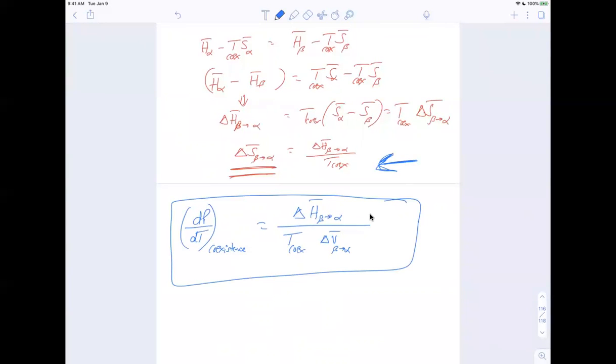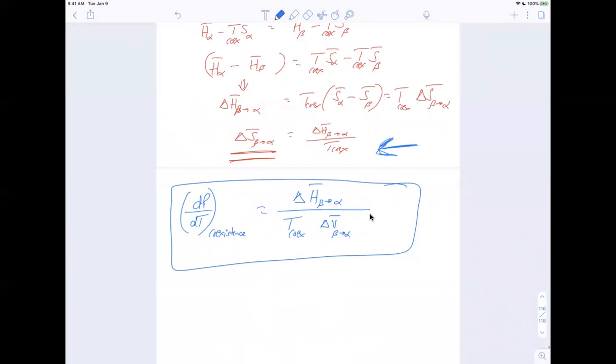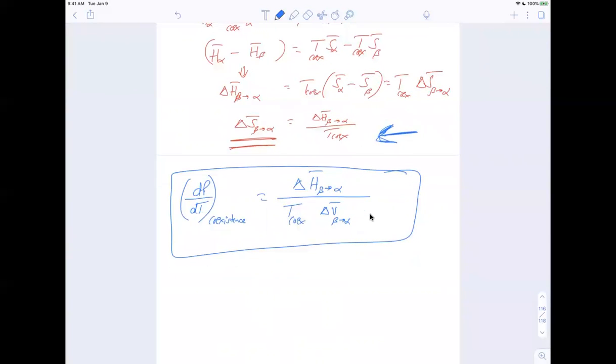And there you have it. This is our result for the slope along all those coexistence lines. It's related to the enthalpy associated with the phase change, as well as the change in the molar volume associated with the phase change.